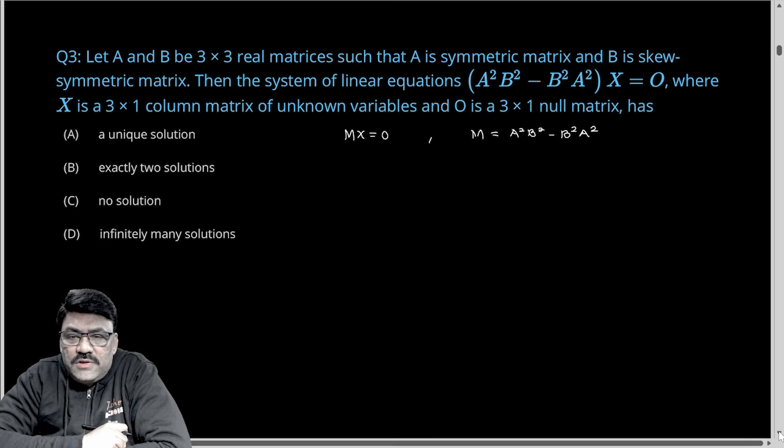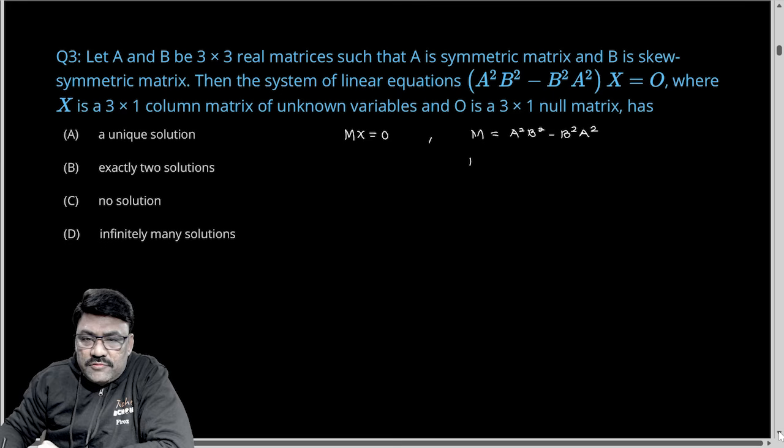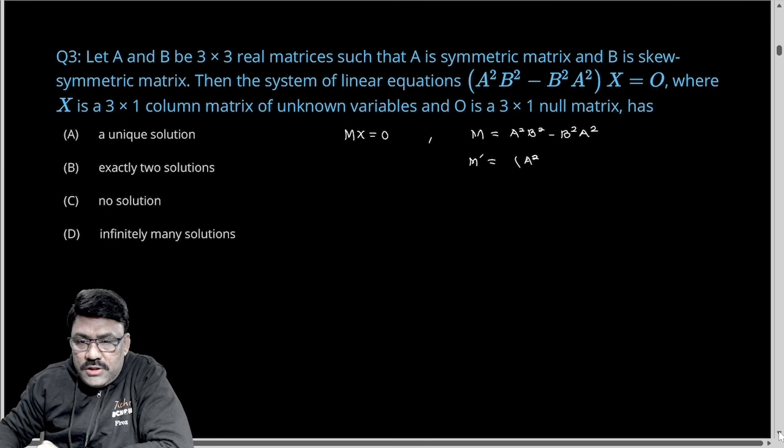And now let's check whether M is symmetric or skew symmetric. So if I take the transpose, M dash, that will be A square B square minus B square A square whole dash. That will be A square B square whole dash minus B square A square whole dash.